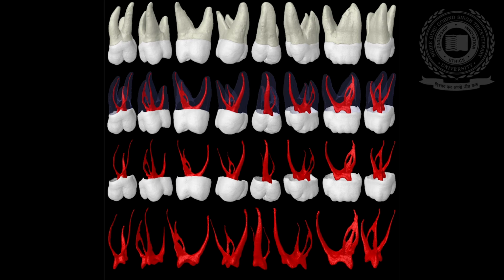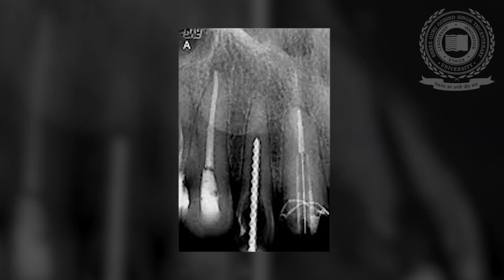Limited volume high resolution CBCT may be indicated in selected cases of suspected or established inflammatory root resorption or internal resorptions. It is of great help in surgical management of fractured instruments and in surgical endodontic planning.